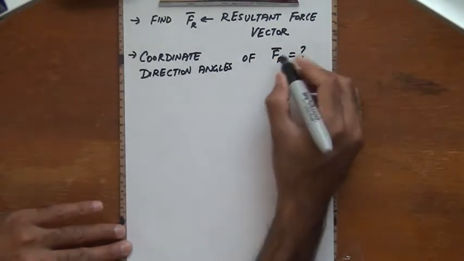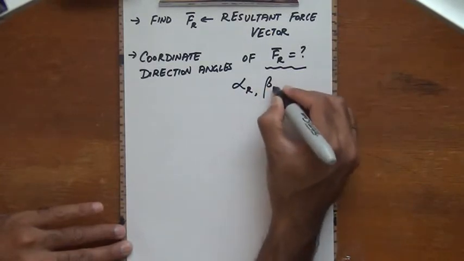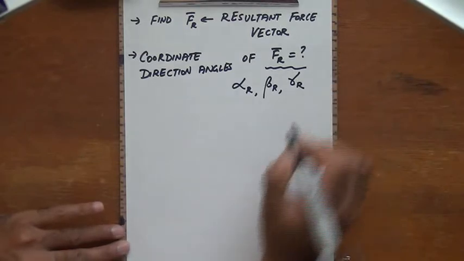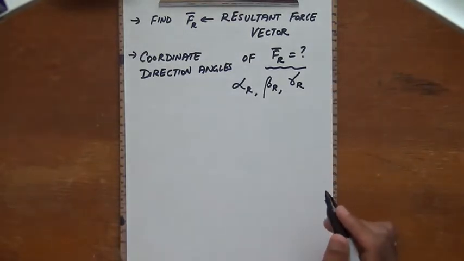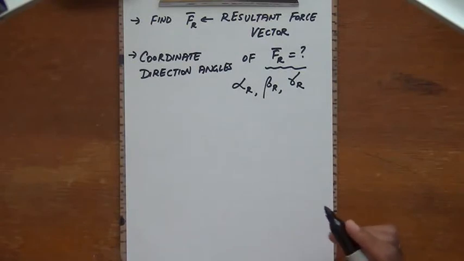What are these, right? And these are essentially what we labeled as alpha r, beta r, and gamma r. And our aim is once we find all this information, we will draw the force vector F using the xyz coordinate frame and then mark all these angles just to be sure that we understand where they are located.